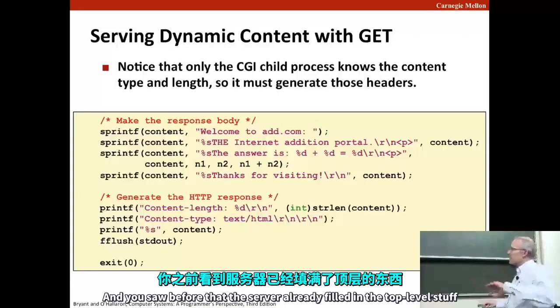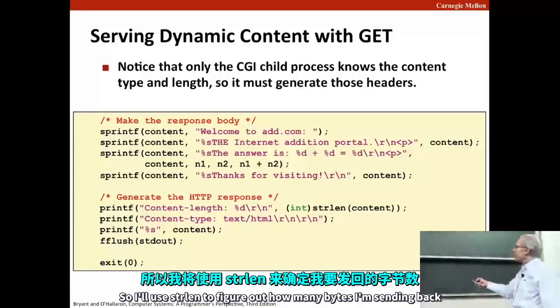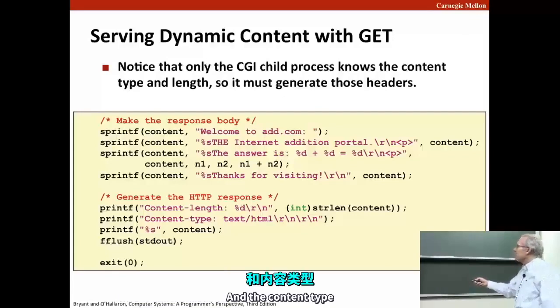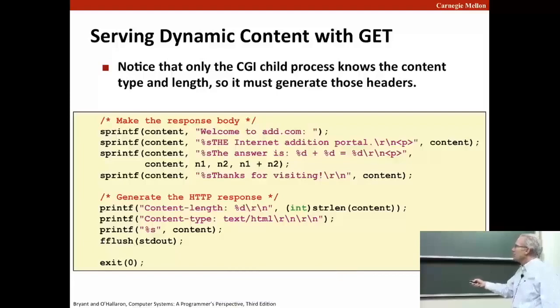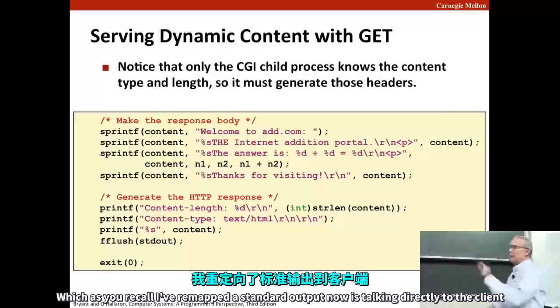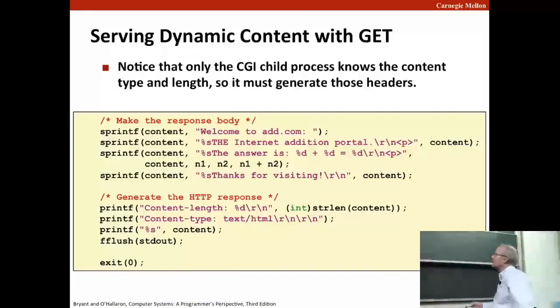And you saw before that the server already filled in the top level stuff, but I have to tell what is the type and how many bytes it is. So I'll use strlen to figure out how many bytes I'm sending back, and the content type, and I'm printfing this, which, as you recall, I've remapped standard output now as talking directly to the client.